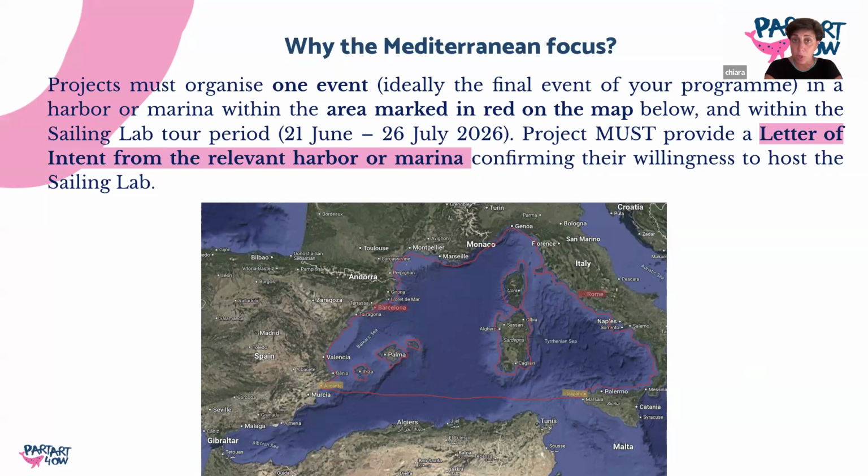And there are also questions about the route. Whether the sailing club is visiting one harbor or another, we cannot anticipate it. It is something that is going to be negotiated with the selected pies once we have the final result of this call.